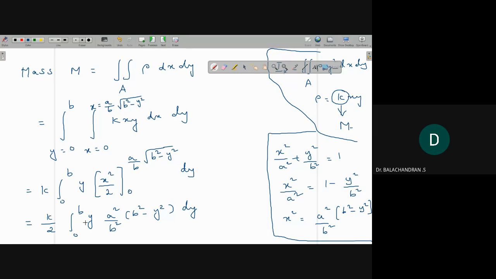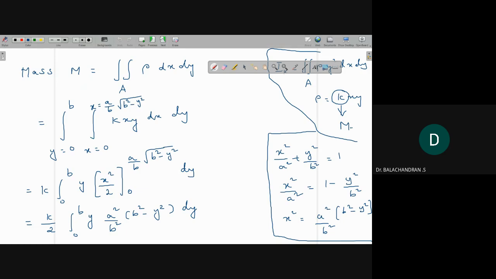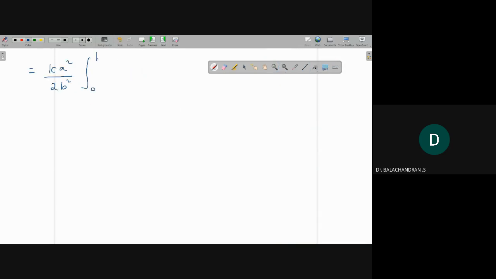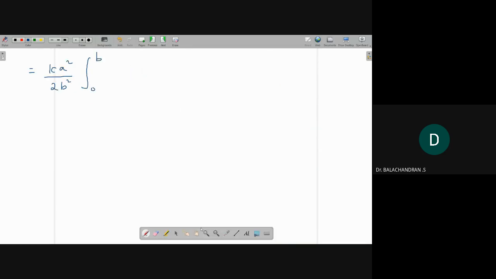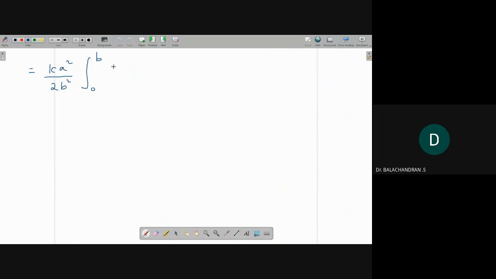So you have the constant k a square by 2b square, limit from 0 to b, and then b square y minus y cube into dy.